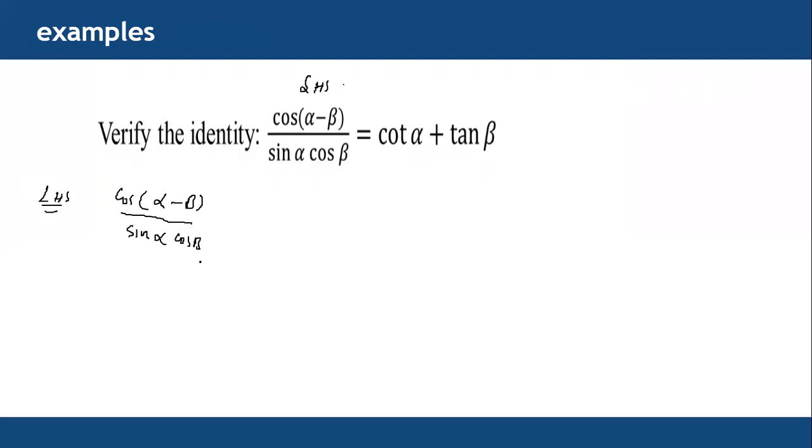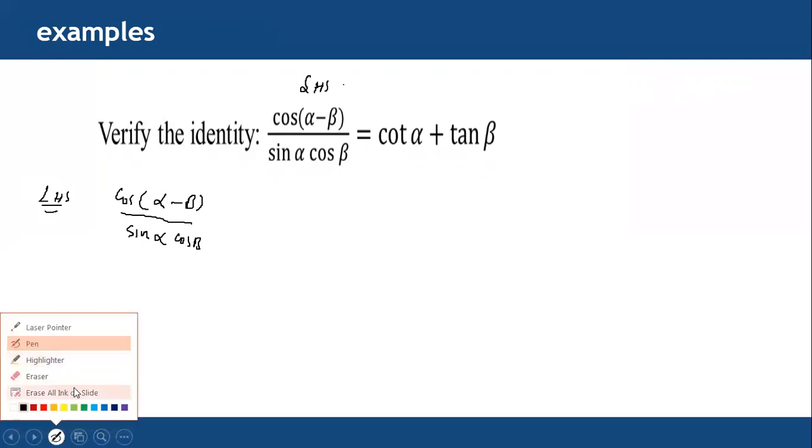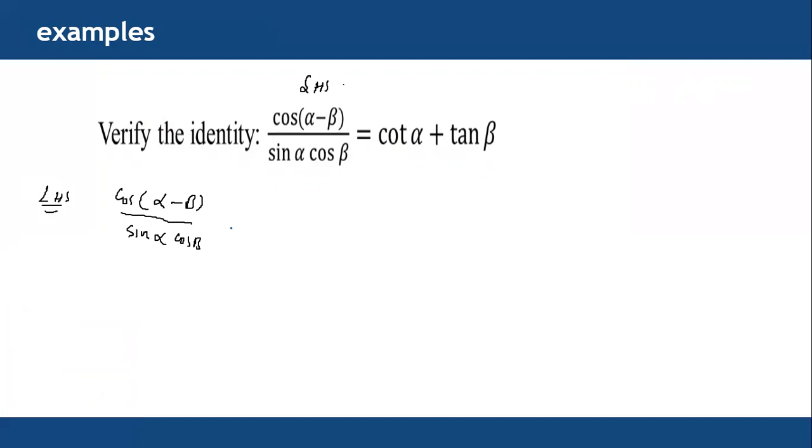Correct? So how can we write? Let me change the color. If you expand cosine alpha minus beta, it equals cosine alpha cosine beta, minus becomes plus, sine alpha sine beta, divided by sine alpha and cosine beta.